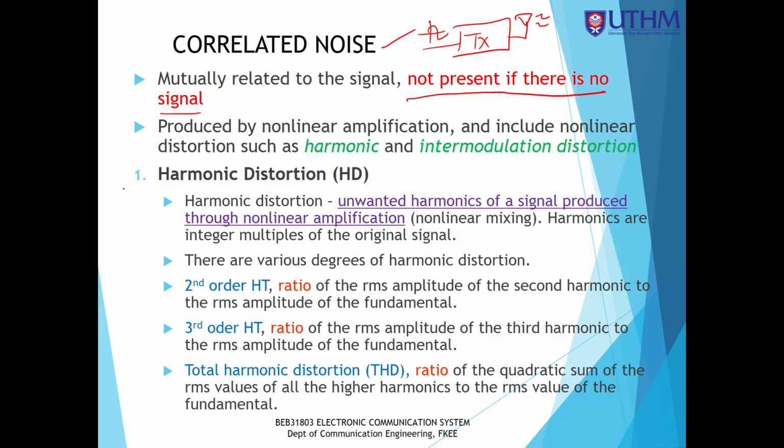The first one, harmonic distortion, is unwanted harmonics of a signal produced through non-linear amplification or non-linear mixing. Harmonics are integer multiples of the original signal. So the key word here is this one: unwanted harmonics of a signal.